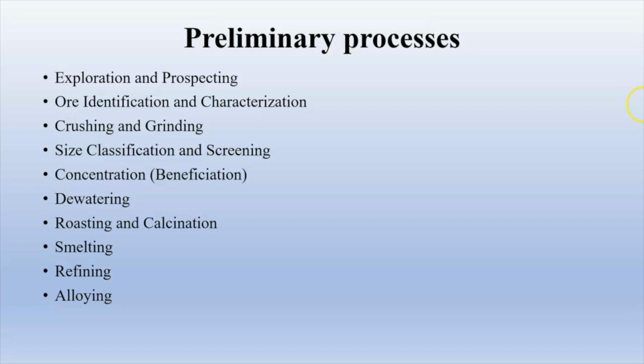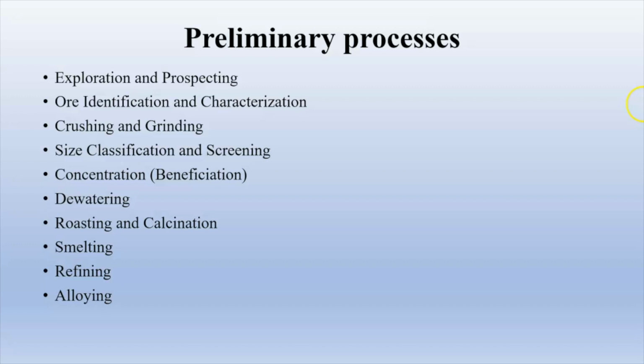Smelting is the process of extracting metals from their ores by heating them with a reducing agent in order to remove the oxygen. This results in the crude metal, which is further refined through other processes. Refining involves the purification of the crude metal obtained from smelting in order to get high-purity metals. The various refining methods involved in metallurgical processes are zone refining, distillation, electrolysis, liquation, and van Arkel methods, etc.